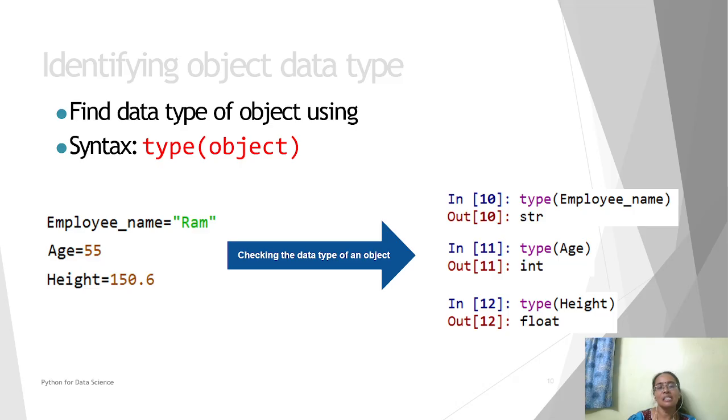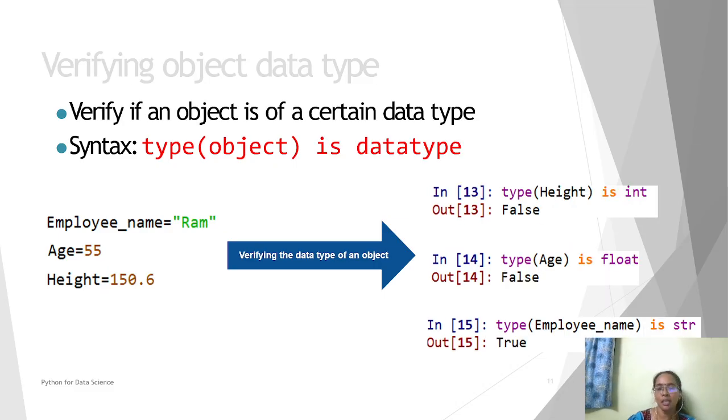The syntax for identifying what kind of data type I am using is type. Within the bracket we can mention the variable name. So here also, what is the type of height? As we have already discussed about boolean, if we check against int it will be false because it is a str.